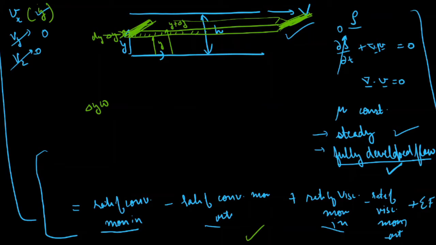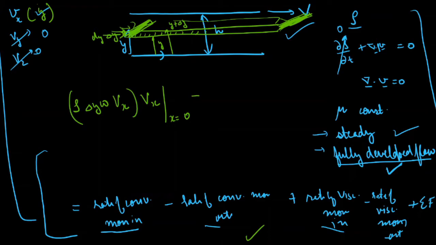If we multiply this with the velocity Vx, we will get the total volumetric flow rate in, and if we multiply this with density, we will get the total mass flow rate in, and the mass flow rate in multiplied by the velocity again will give us the rate of momentum that is going in. So this is the total rate of convective momentum that is going in. This is the mass rate multiplied by velocity. This is happening at x is equal to 0.